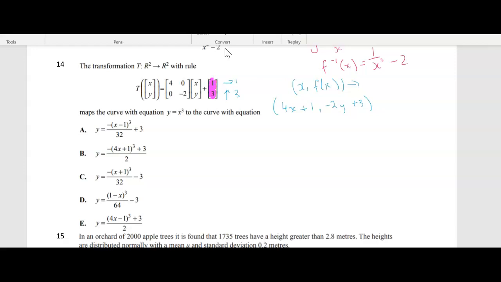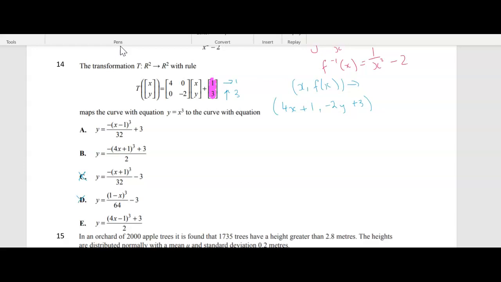So for these, I can have a look that we must have a +3 on the end. So I'm going to cross off any that don't have the +3. Now I can see this one has a -3 and this one has a -3.